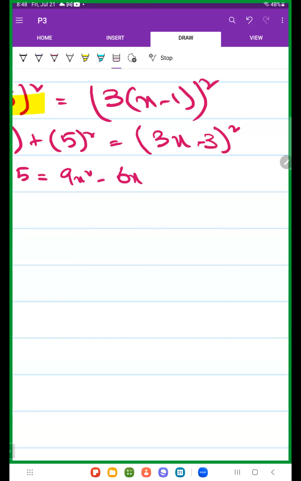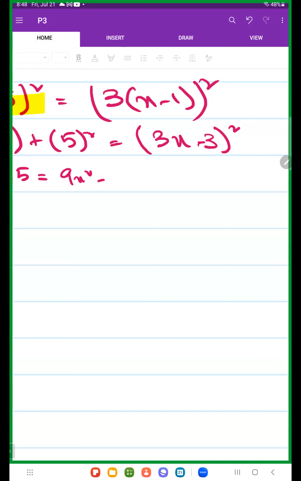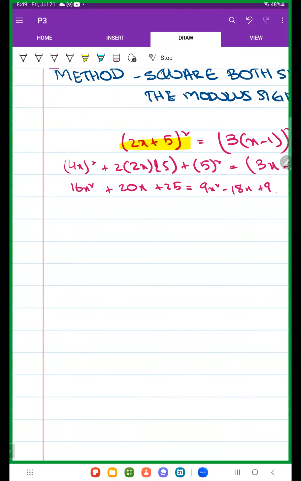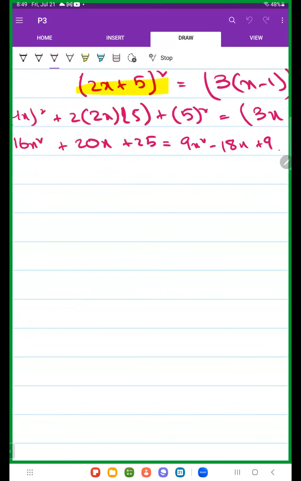All right, so this would be 3 2s are 6, 6 3s are 18. So 16 minus 9 will give you 7. 20 plus 18 would give you 38. 25 minus 9 would give you 16.